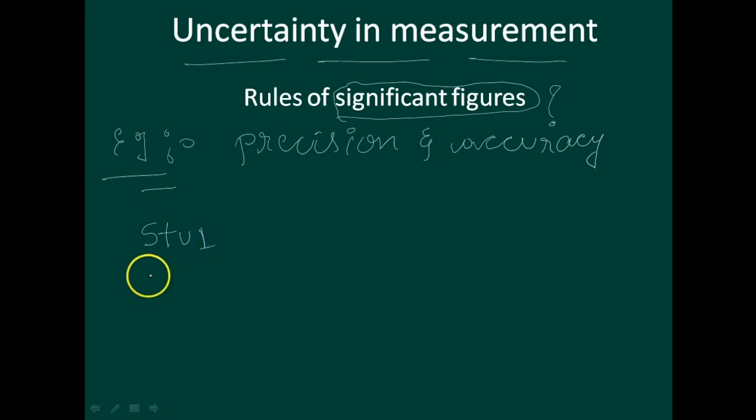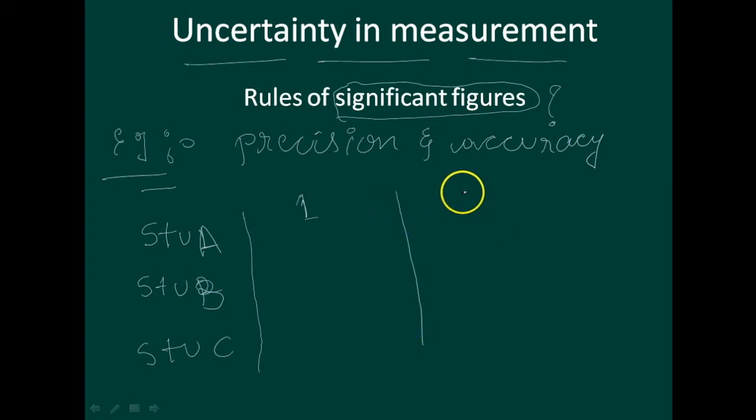Consider student A, student B, and student C. Here is the first experiment, the second experiment, and this is the average.